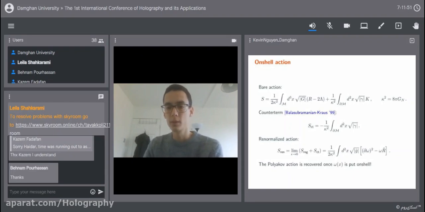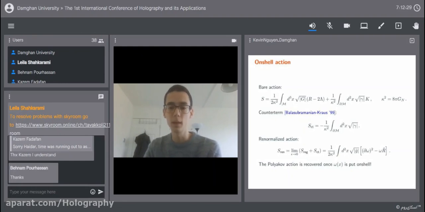So the action is, as always, the Einstein-Hilbert action in 3 dimensions. You also need the Gibbons-Hawking boundary term because we're imposing Dirichlet conditions. And when you evaluate this on shell, there are some divergences in epsilon. So as you take the cutoff parameter epsilon to 0, you get a 1 over epsilon divergence. And to cure that, you need some local counterterm at the boundary.